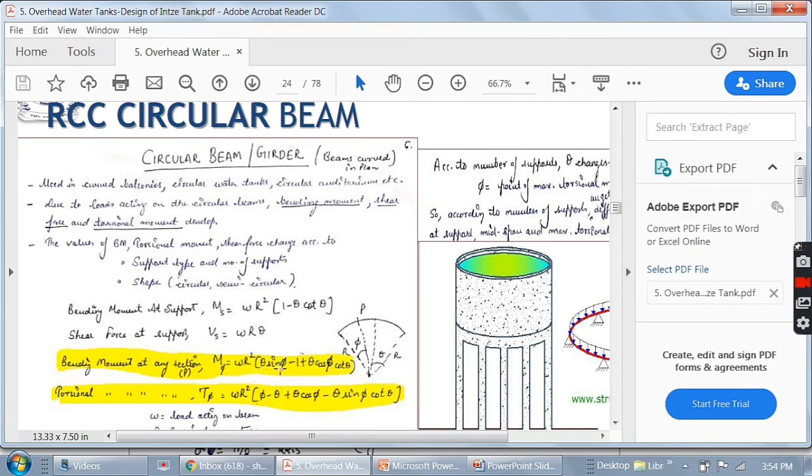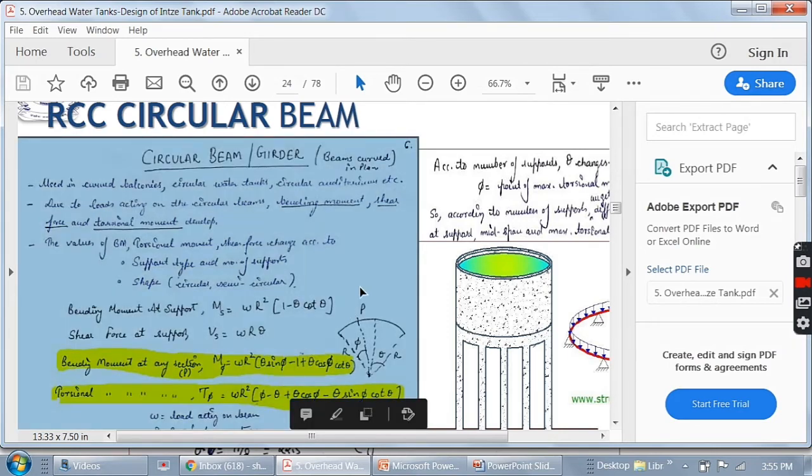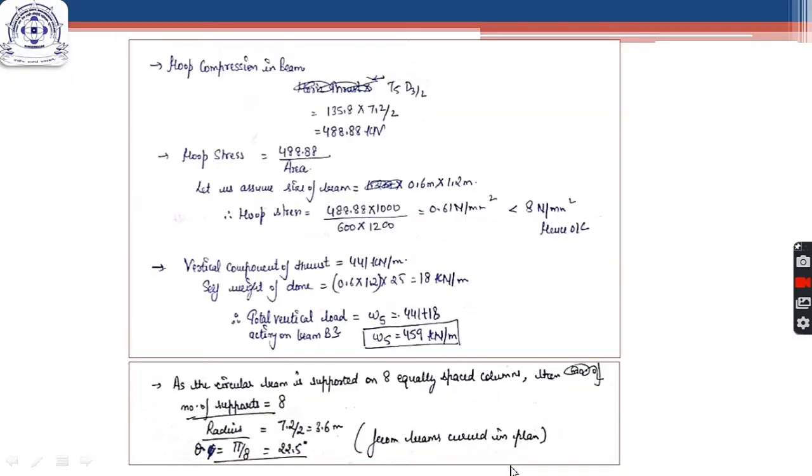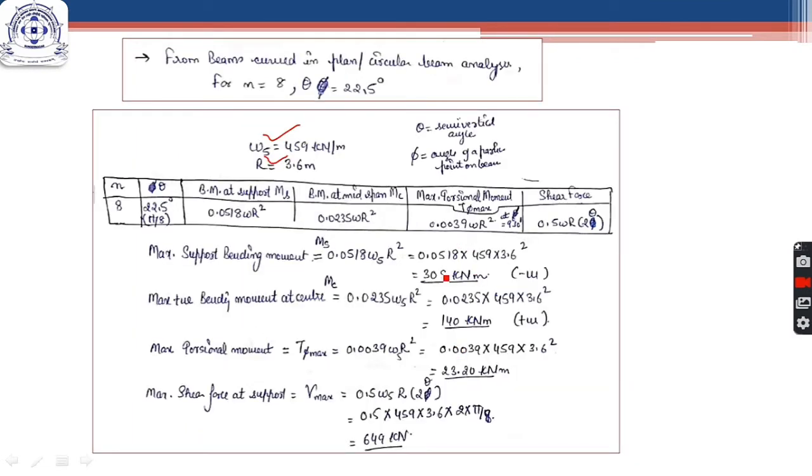So for bending moment at support, phi will be 0 degrees, and for bending moment at midspan, phi will be equal to theta, that is 22.5 degrees. So when we substitute these two values, we will get the same results which I have written here, 0.0518 W R square and 0.0235 W R square.